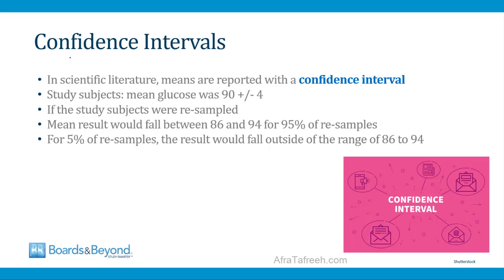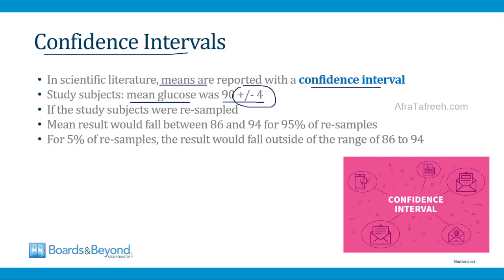In the video on statistics, I talk in detail about confidence intervals. And let's briefly review this concept now, because the confidence intervals of a data measurement can be used to determine whether differences between groups are significant. So in the scientific literature, means are reported with a confidence interval. For example, a study might say that the mean glucose in subjects was 90 plus or minus 4, and plus or minus 4 is called the confidence interval.